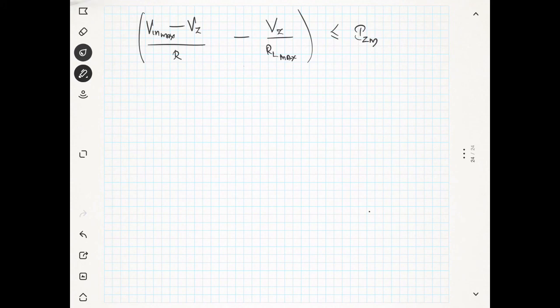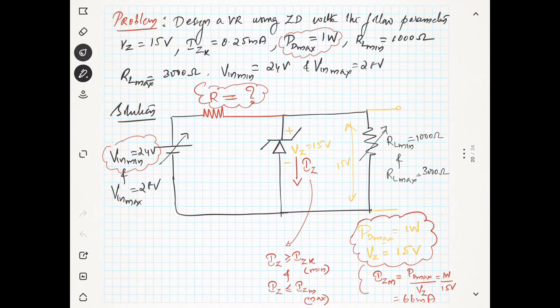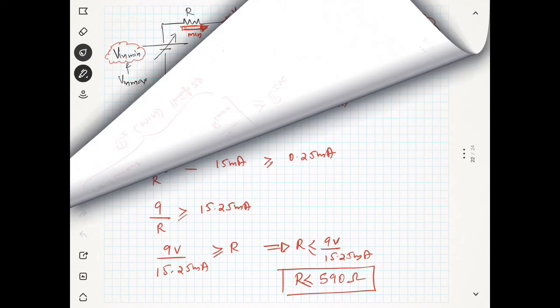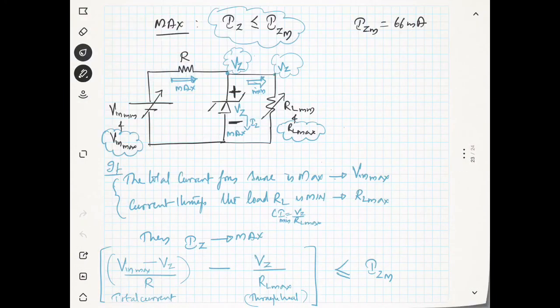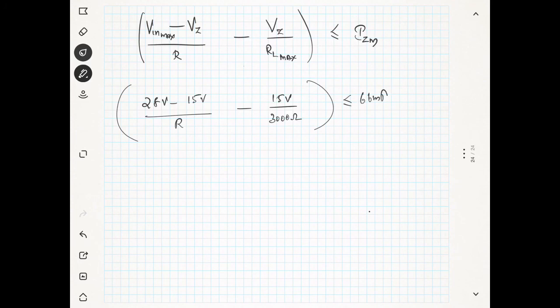We know that Vin maximum, in the problem it was given, is 28 volt. 28 volt minus Vz is 15 volt divided by R, minus Vz is 15 volt divided by RL maximum, which is 3000 ohms, and this number should be less than or equal to 66 milliampere.